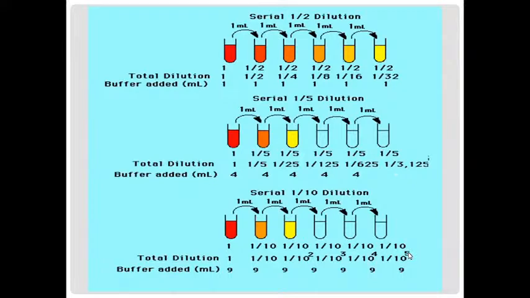Then there's also the third one, 1 in 10. You can pick 1 ml, and then you have 9 ml of the diluent, and then you transfer 1 ml from one tube to the other, and finally the last one you throw away. So these are things that you will perform.